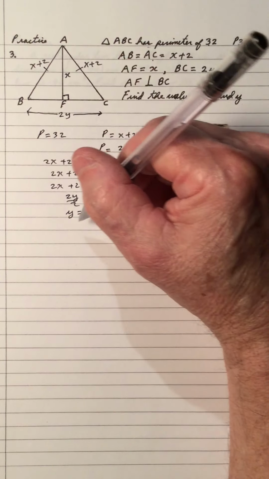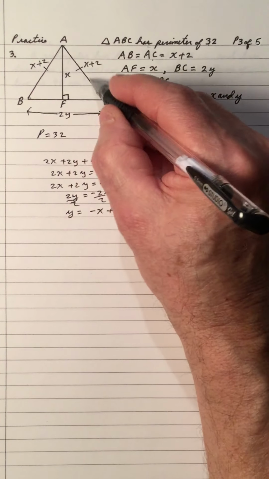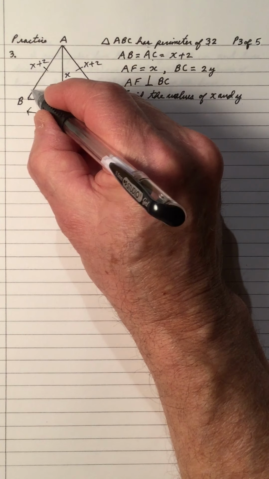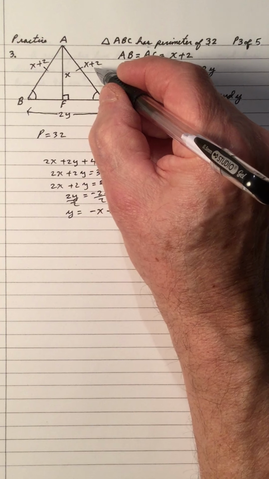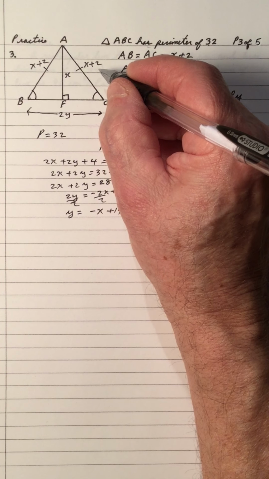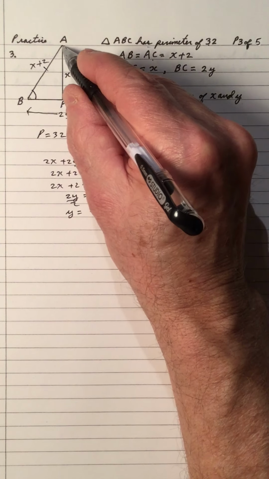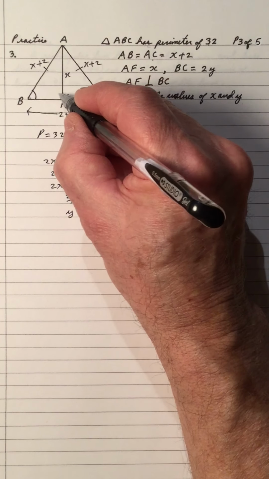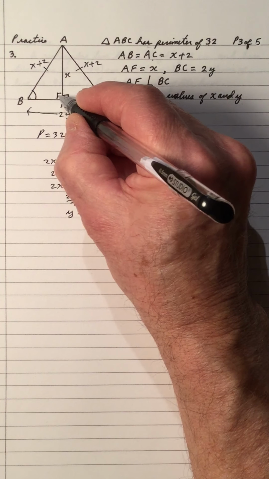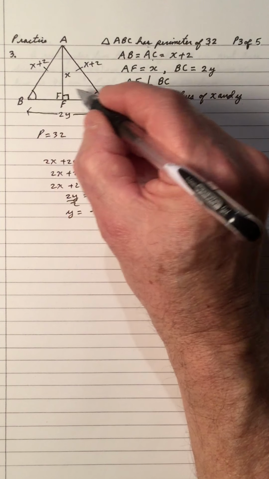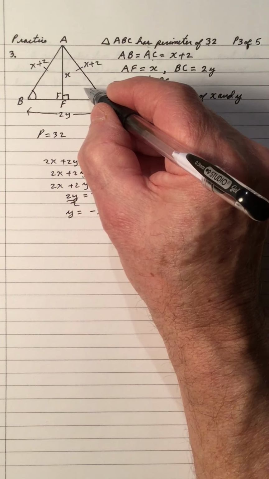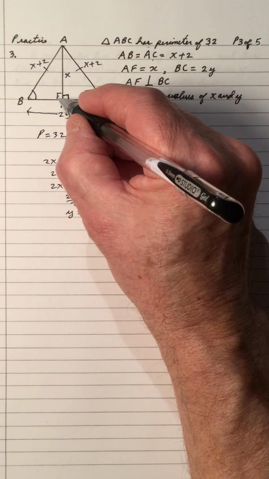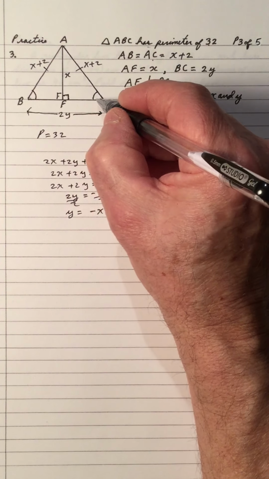We got what y is, but let's look at this diagram now. Since these two sides are equal, these two angles are equal by what we call ITT, the isosceles triangle theorem. That means triangles AFC and AFB are congruent, because these two angles here are right angles, these two angles are equal because of ITT, and these sides are equal as given.